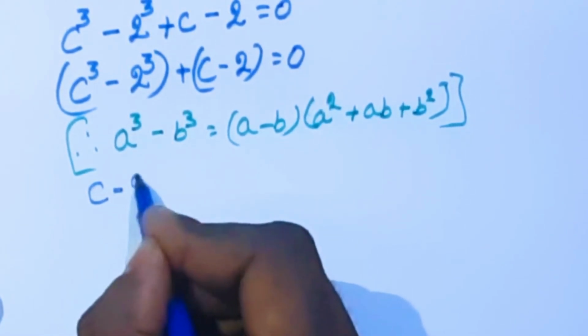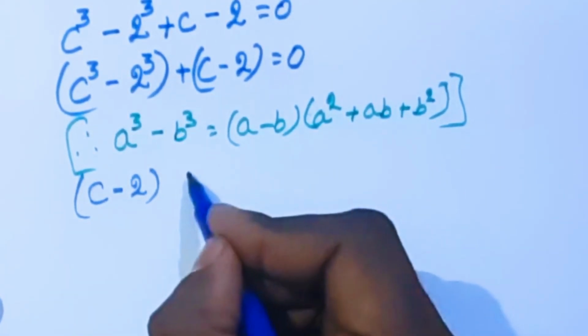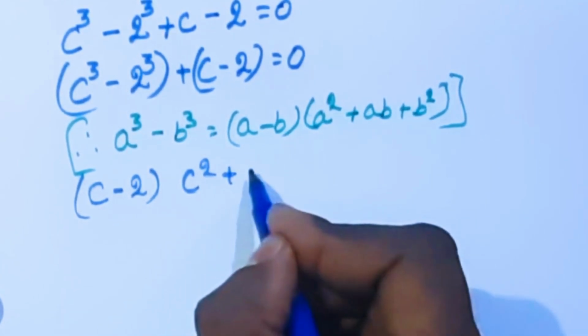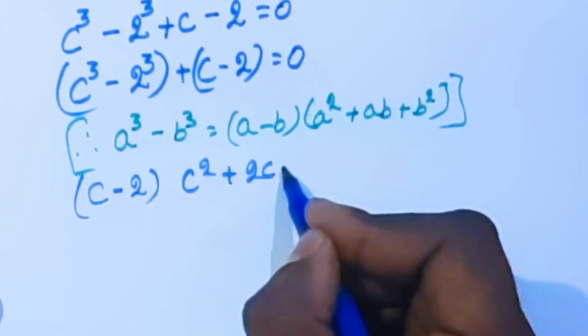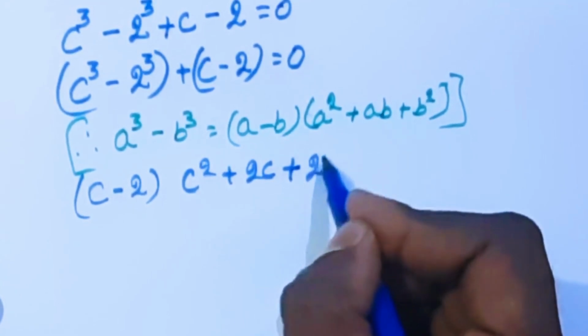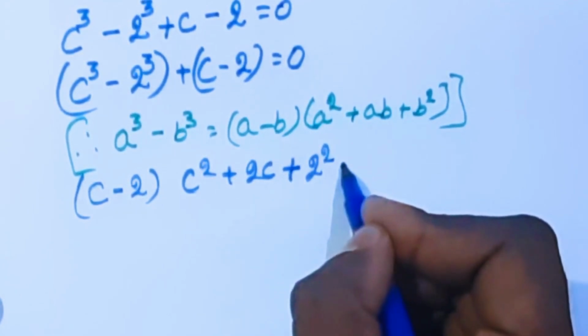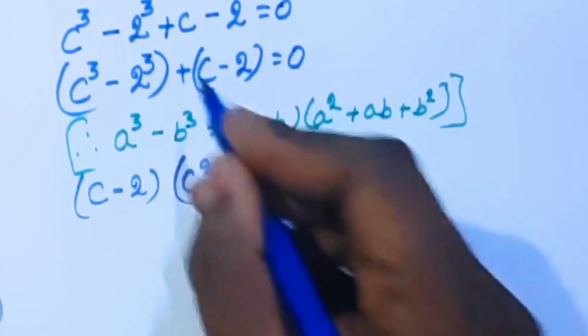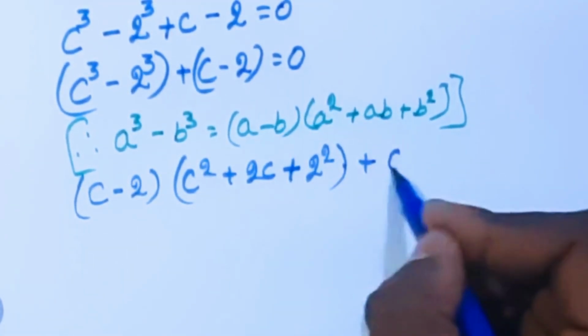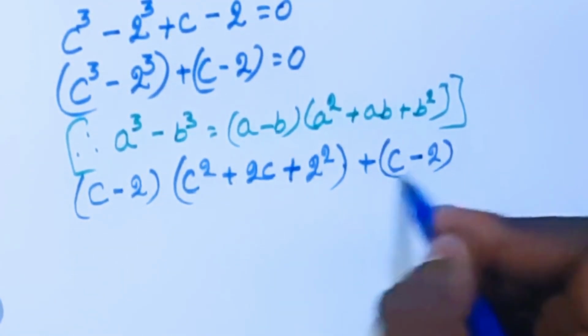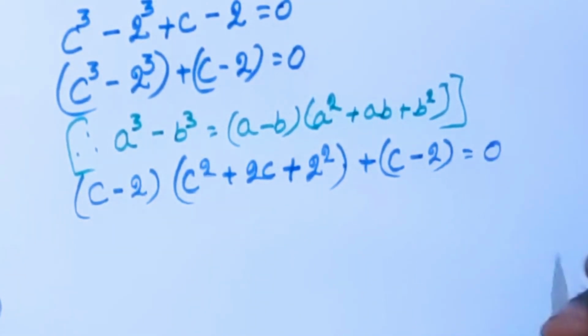C minus 2 (c square plus 2c plus 2 square) plus c minus 2 equal to 0.